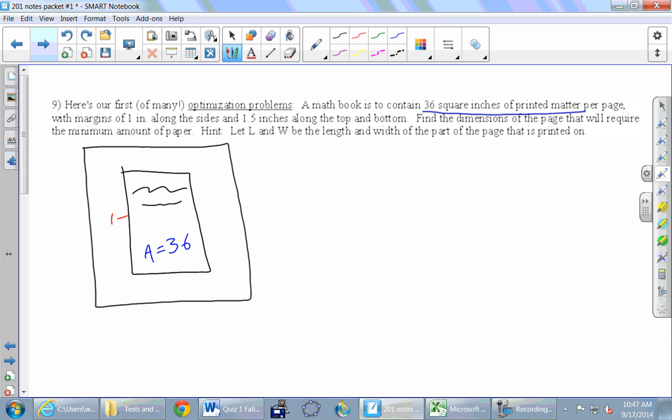So that means from there to there is 1 inch. And the same thing on the other side. 1 inch that way. And then the top and bottom margins are apparently a little bigger, 1.5. So 1.5 top to bottom in 2 different places.